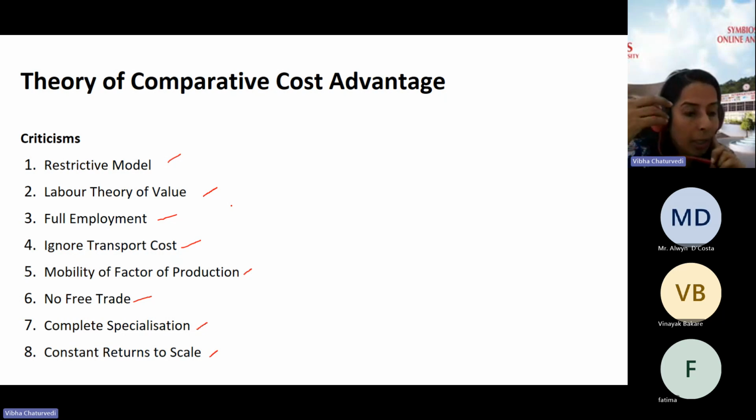The exchange rate is also determined by the labor value only, which is again a very limiting factor, because there is a lot more that goes into understanding the cost of production and determining the exchange rate of a commodity in terms of others.